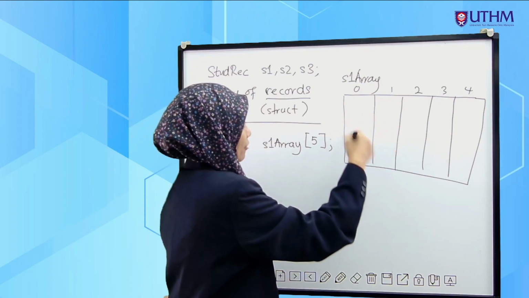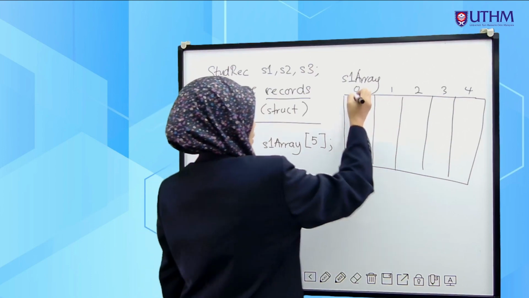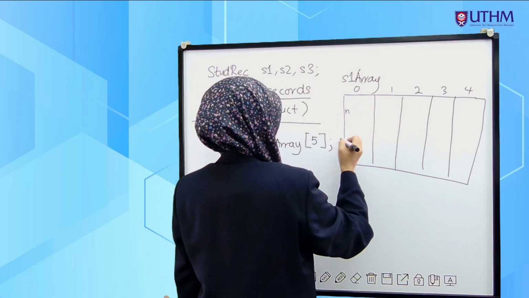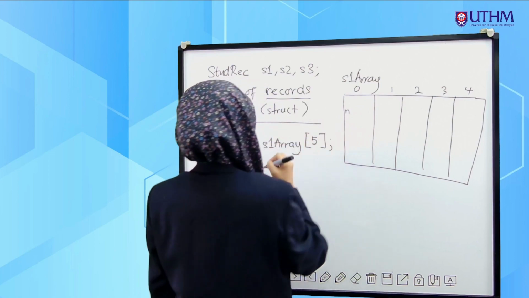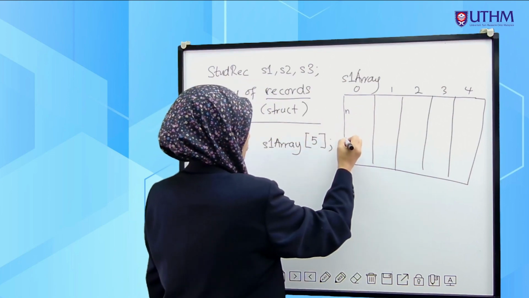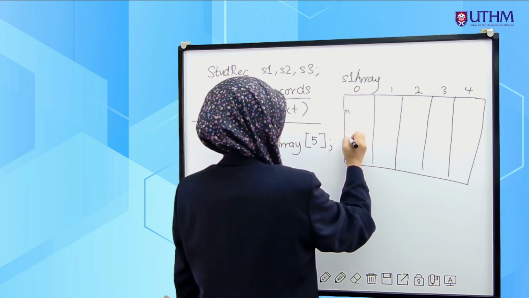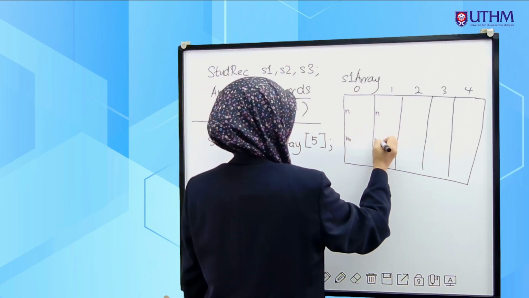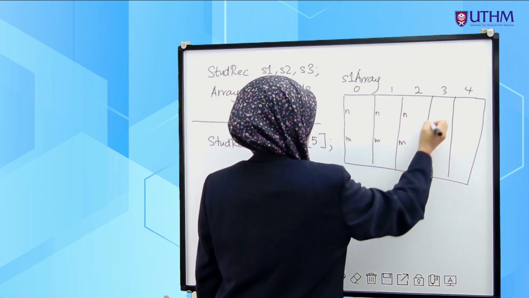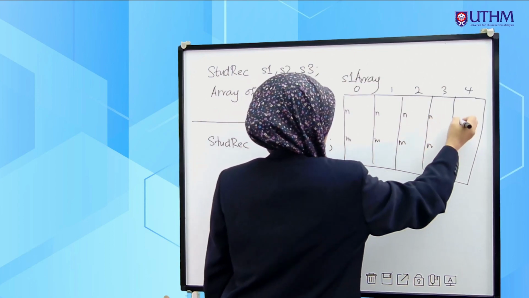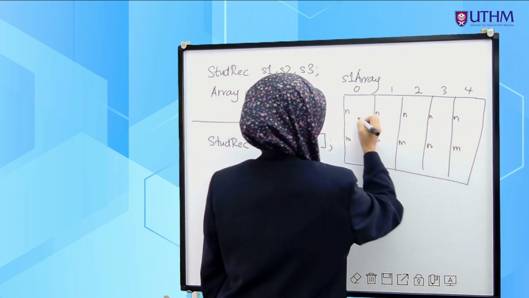The elements of the array consist of the struct student record, where we have name and marks. Name, marks, name, marks, name, marks, name, and marks.